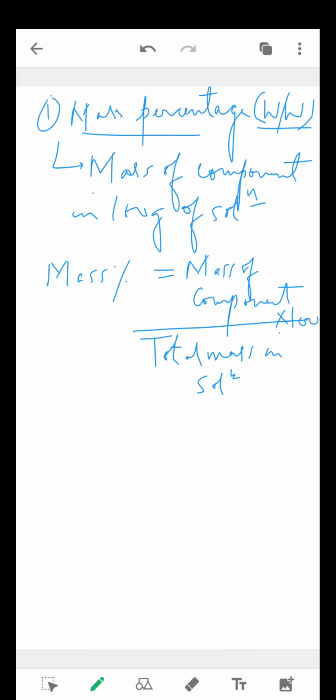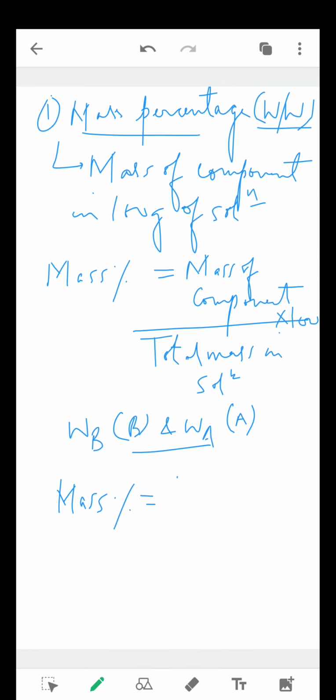If WB is the mass of solute B and WA is the mass of solvent A, how will you calculate mass percentage? Mass percentage of component B is equal to WB divided by the total mass, WB plus WA, into 100.